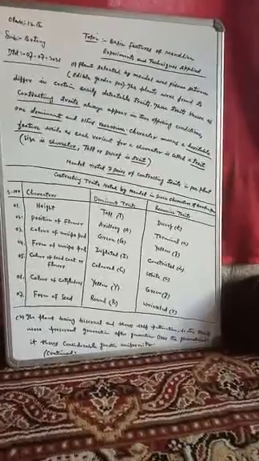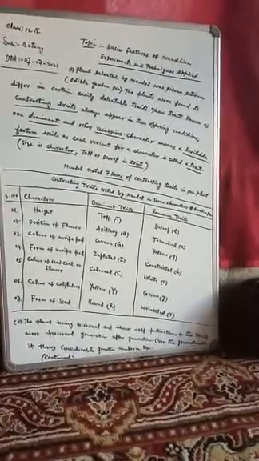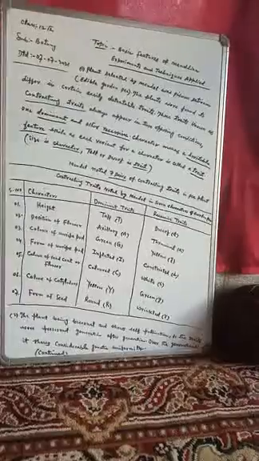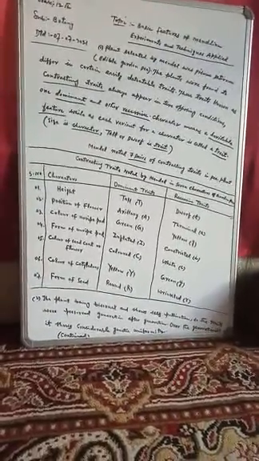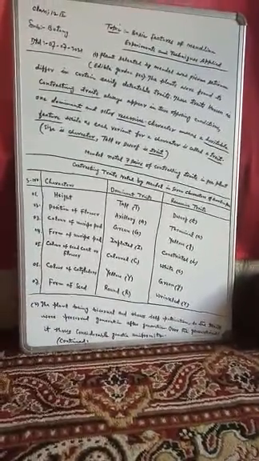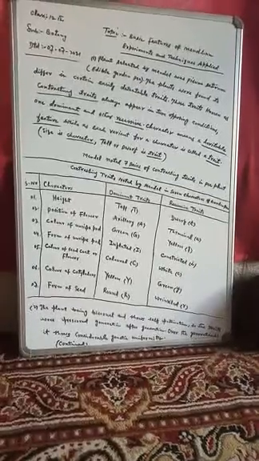Character here means a heritable feature, while each variant for a character is called a trait. For example, size is character, tall or dwarf is trait. And Mendel noted 7 pairs of contrasting traits in pea plant.